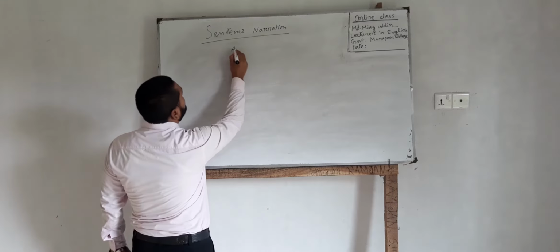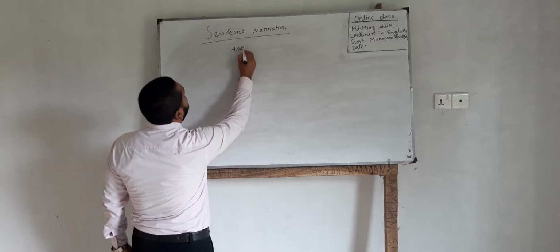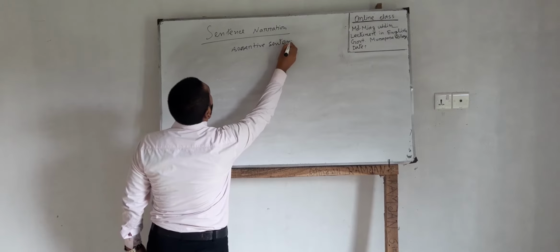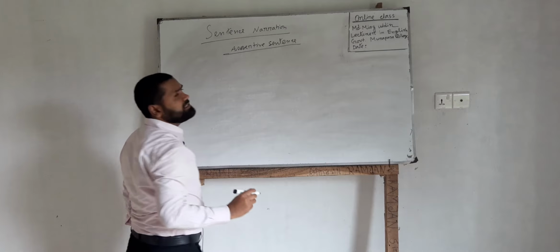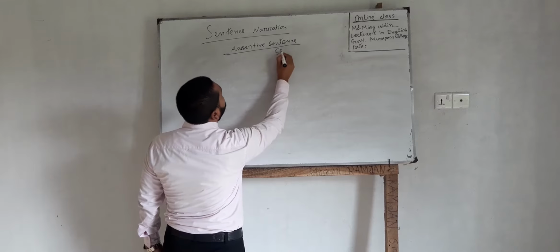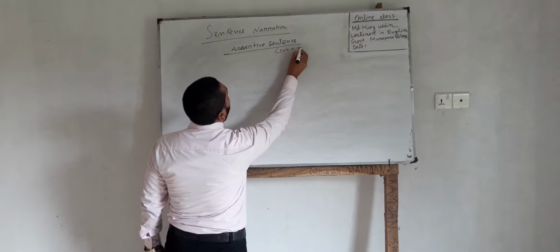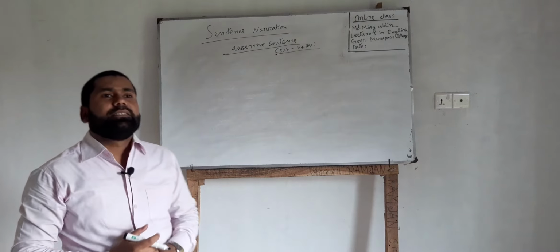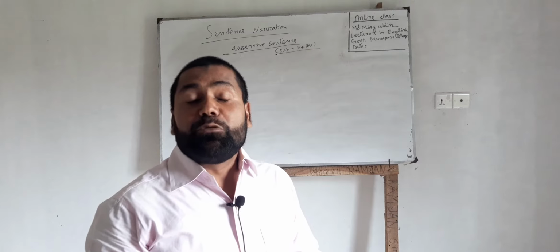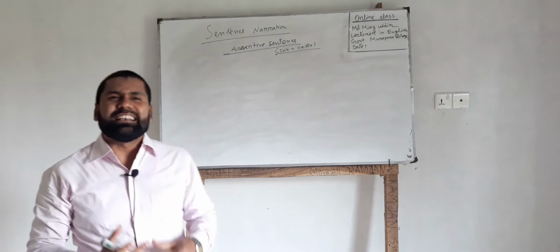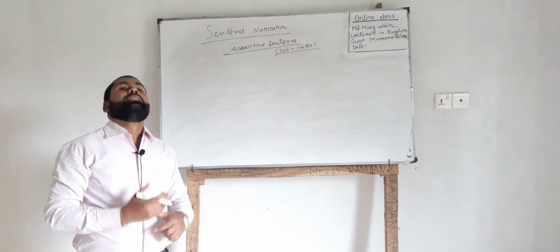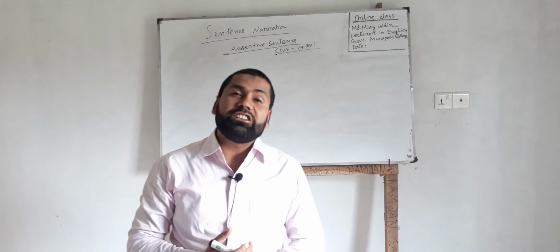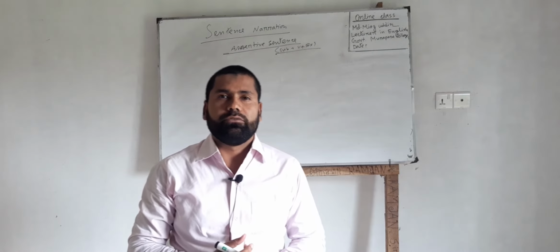At first, we learn the assertive sentence. An assertive sentence starts with subject plus verb plus extension. When the reported speech is an assertive sentence, the reporting verb said is changed into said or told.